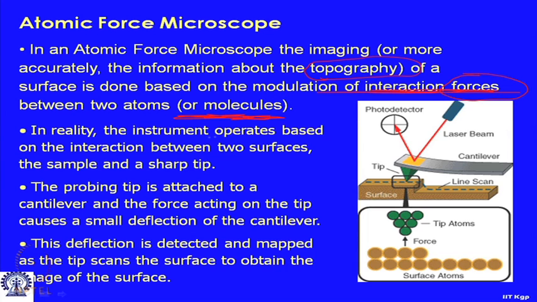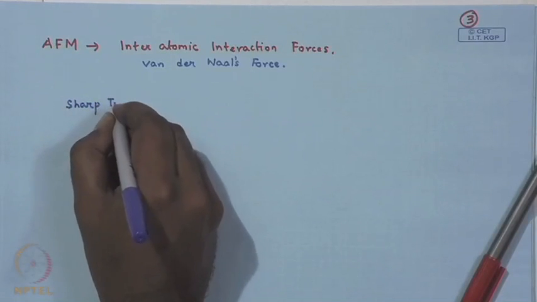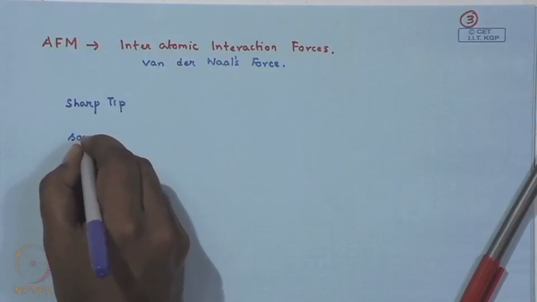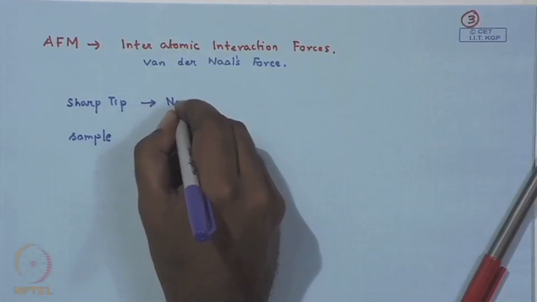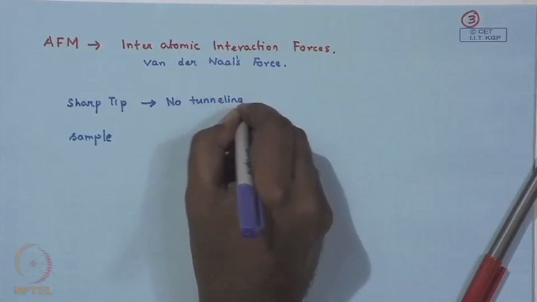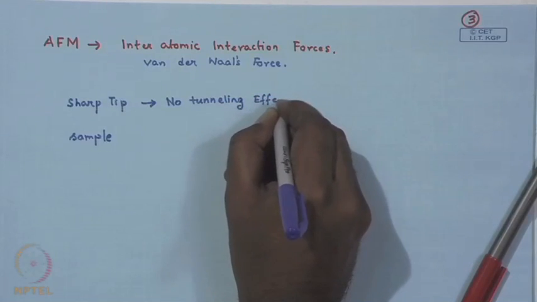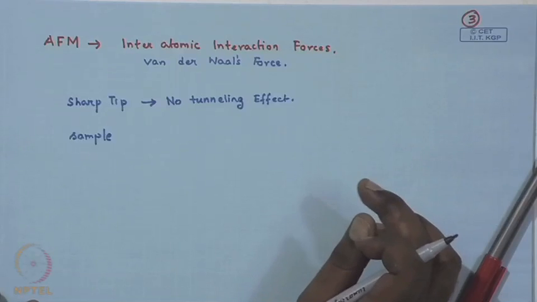In reality, the instrument operates based on the interaction between two surfaces, the sample and a sharp tip. So, here also you have a sharp tip and you have a sample, but unlike STM, there is no tunneling effect arising out of the tip, but we will see how exactly it differs.